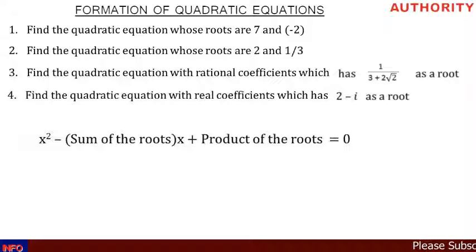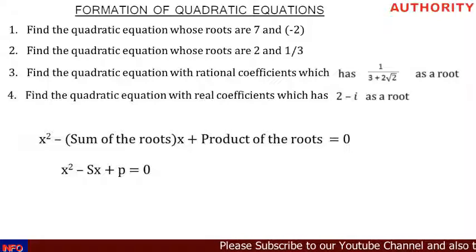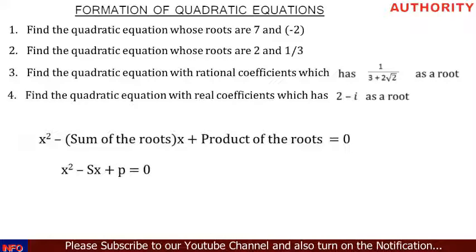You get it? I want to simplify it for you. I want to make it very simple. I can simply say x squared minus, let's use the letter s for the sum of the roots, times x, plus the product of the roots, let's use p as the letter, equals 0.